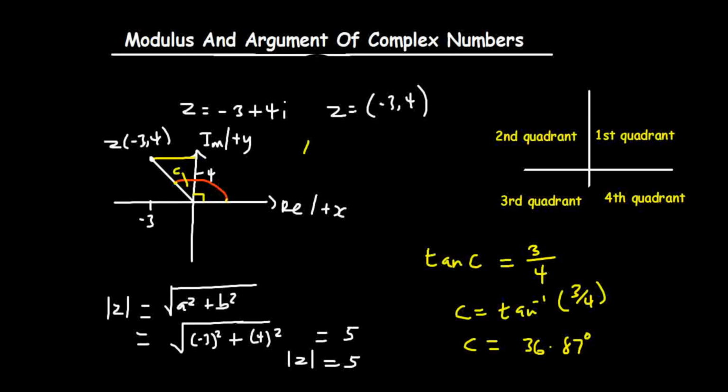So therefore the argument of the complex number z will be equal to 90 degrees plus the angle C. Okay, so that will be equal to 90 degrees plus 36.87 degrees. So let's see the value of that.